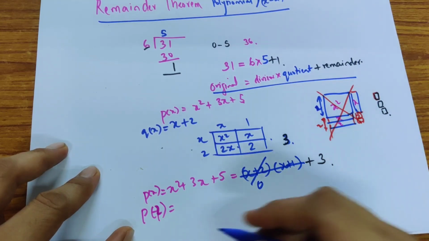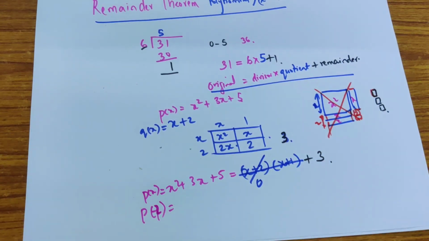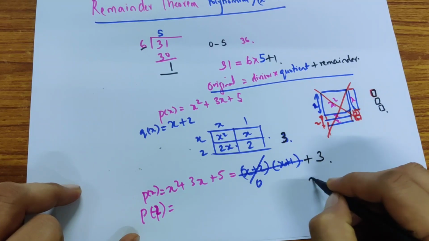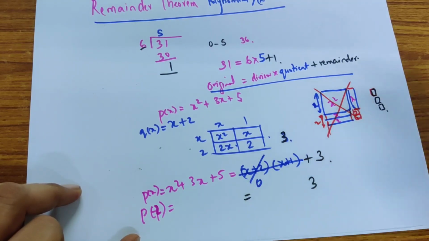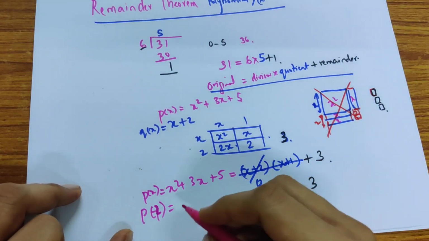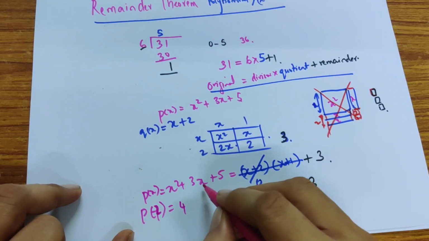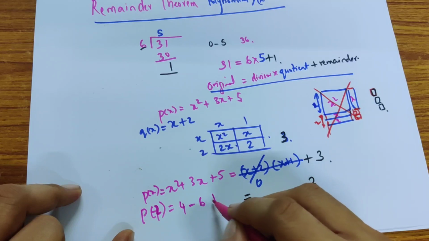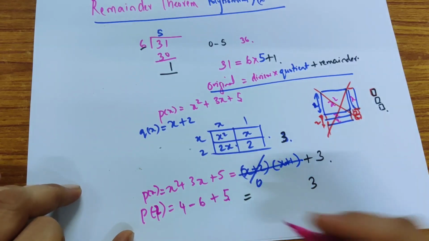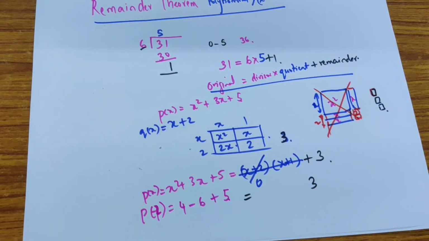So p of -2 is going to be the remainder, which is 3. We can of course work it out, which gives the same result: -2 squared is 4, 3 times -2 is -6, plus 5, which gives me the same 3.